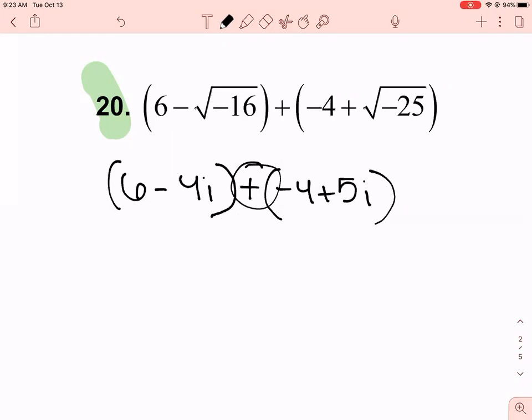So she has 6 plus negative 4, which makes 2. And then negative 4i plus 5i. That's it. Very good.